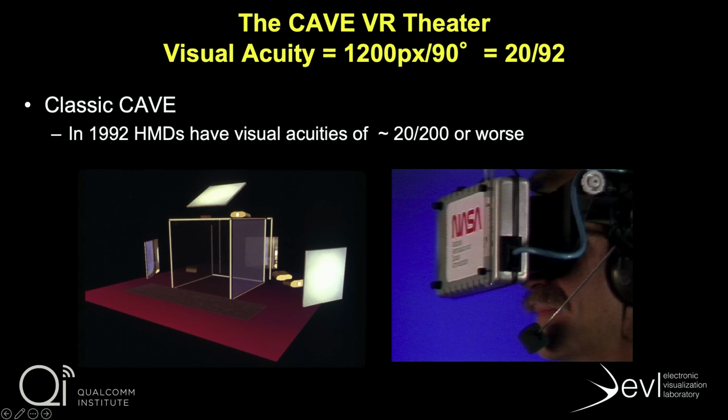So the first CAVE had an acuity of 20/92, which is not all that good, but we did improve it over time. But head-mounted displays, the sharpest of them, had about 20/200, which is legally blind. So we could make this joke: they're going to teach brain surgery in a display that is for legally blind people.